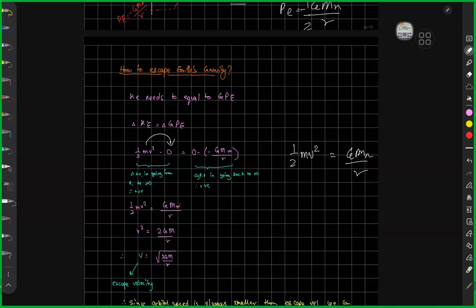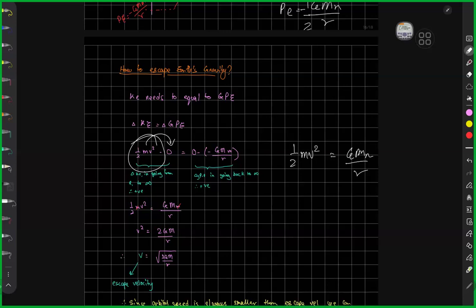If I can somehow make this change of gravitational potential energy from negative GMm by r to 0, then the object is free. And that exact amount of energy should be provided by the kinetic energy. Okay?